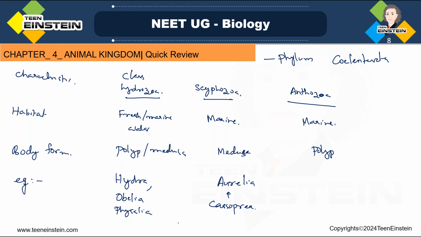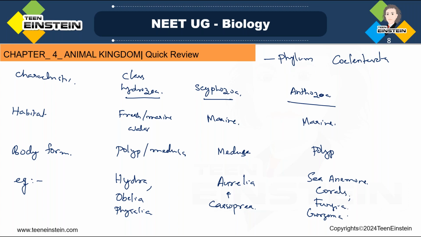Okay, and the next class under phylum Coelenterata is class Anthozoa, which has marine habitat, and the form you can see is polypoid form. Then examples are sea anemone, corals, Fungia, Gorgonia.